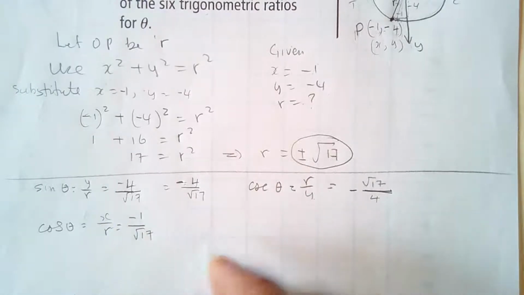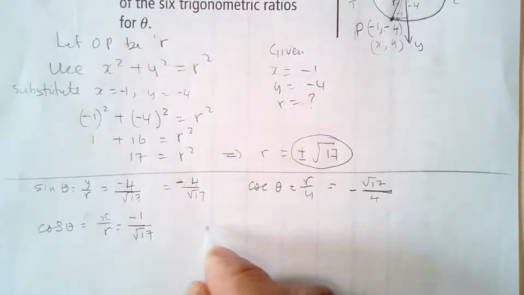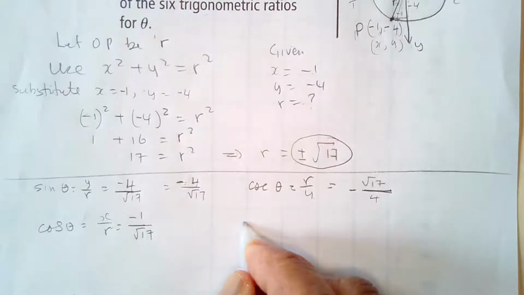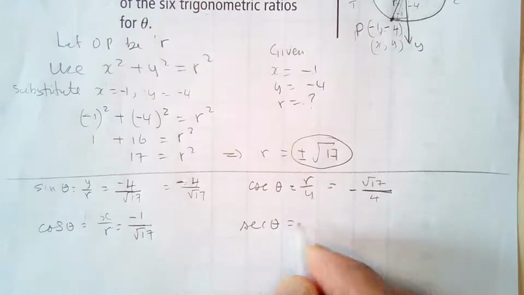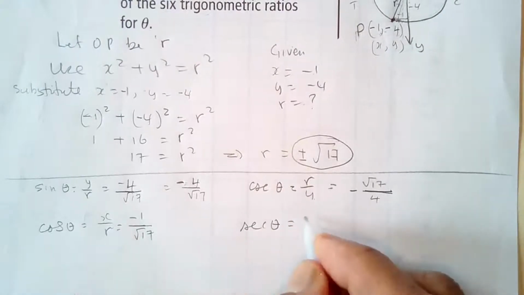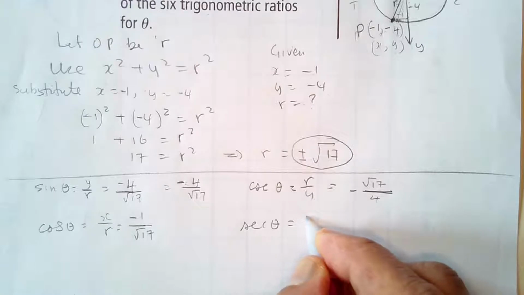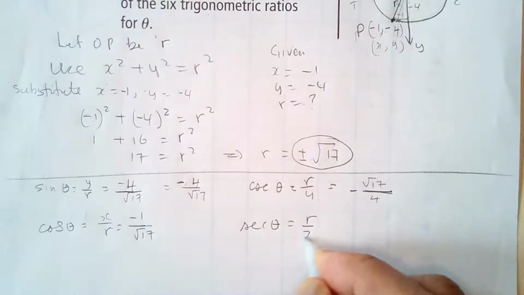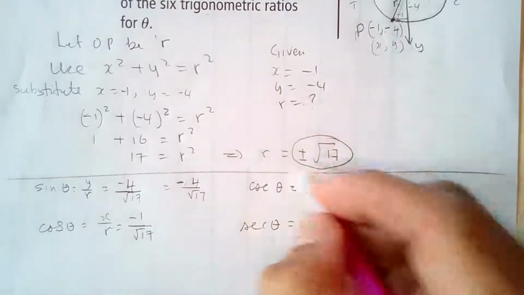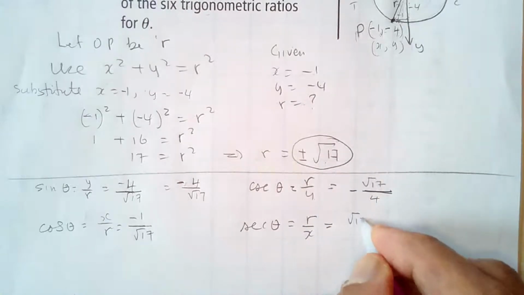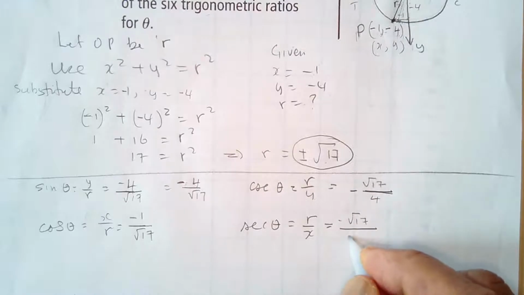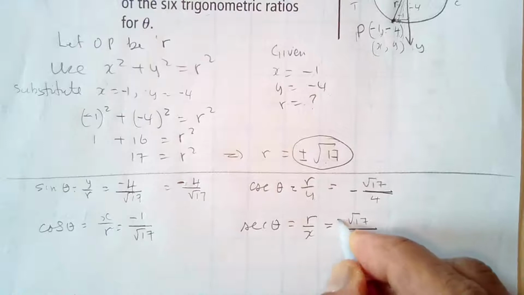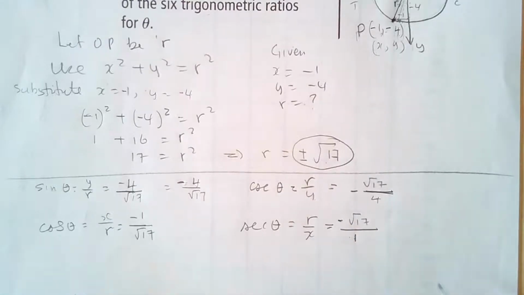So we have -1 over root 17, and now we have secant theta, which is r over x, or r is root 17, put a negative there, and our x is -1. Okay, let's just flip that.